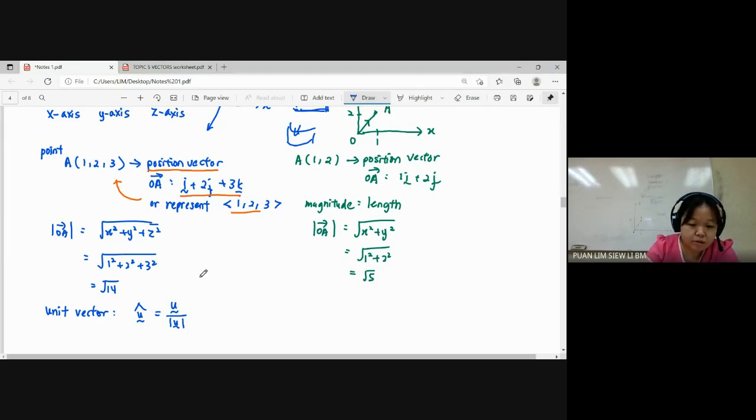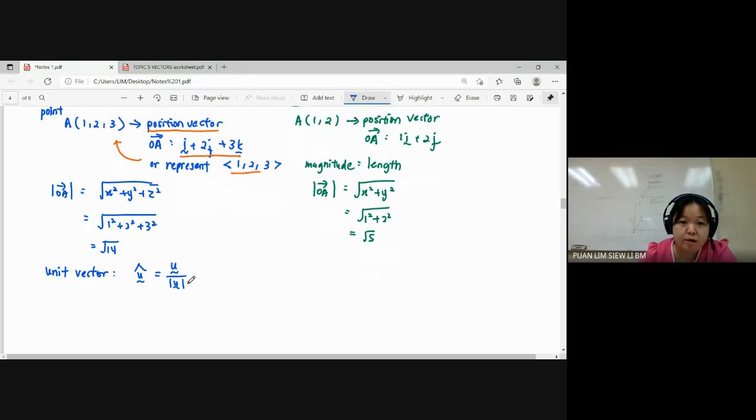Okay, so we follow the formula here. If I want to find unit vector, so the symbol will be different. You can see you have a topi there. Ya, ada satu topi di atas. So topi unit vector. So saya nak cari unit vector untuk OA. Maka saya boleh tulis unit vector OA.